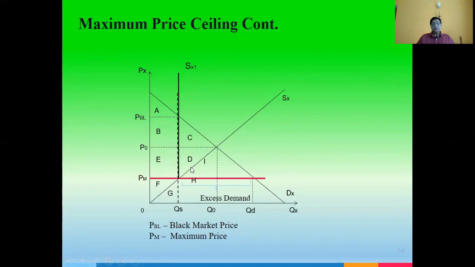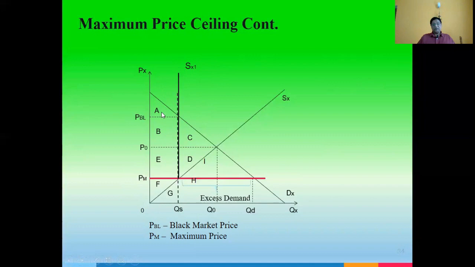Therefore, supply curve from QS upward does not work with the maximum price ceiling. Therefore, new supply curve is given by this ray. It is labeled as SX1. Maximum price PM, black market price PL.